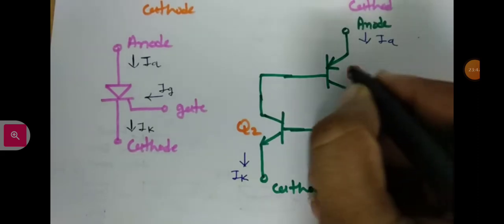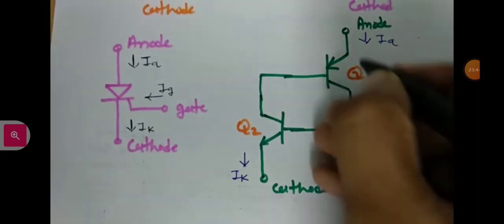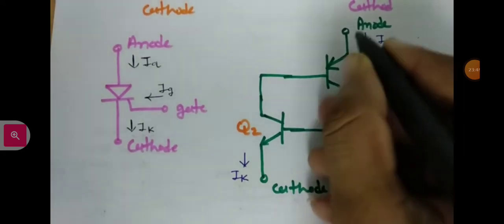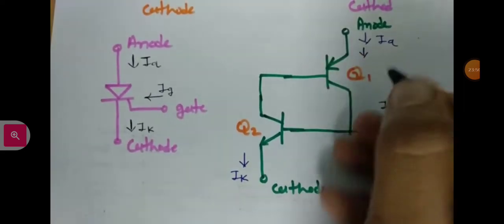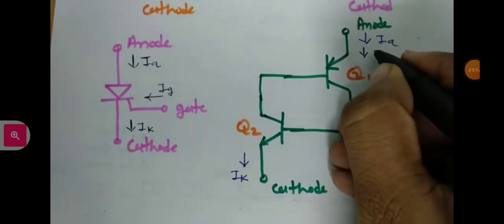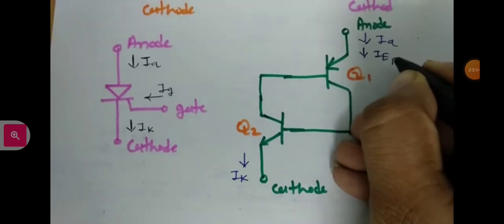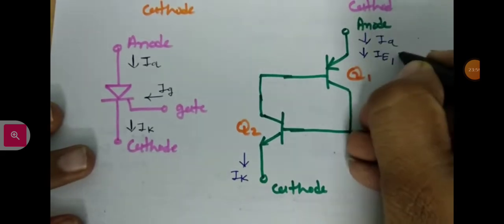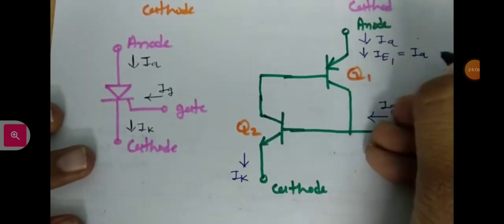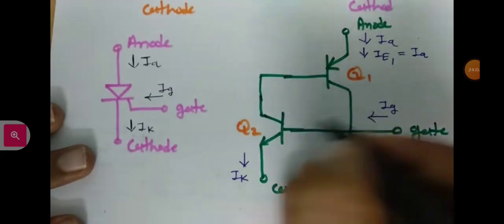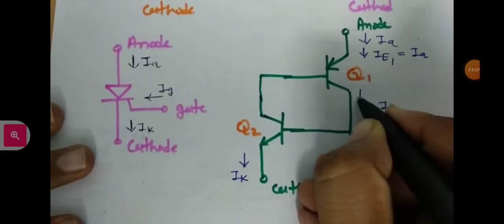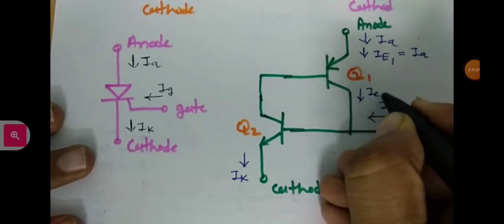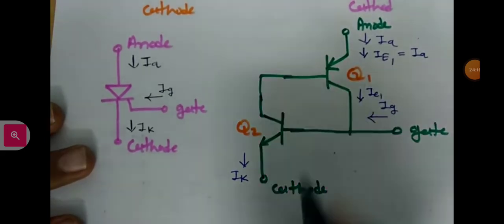If I say this is transistor Q1, then for a PNP transistor the current entering is IE1, and we observe that IE1 is equal to IA. Then the current leaves through the collector, that is IC1.